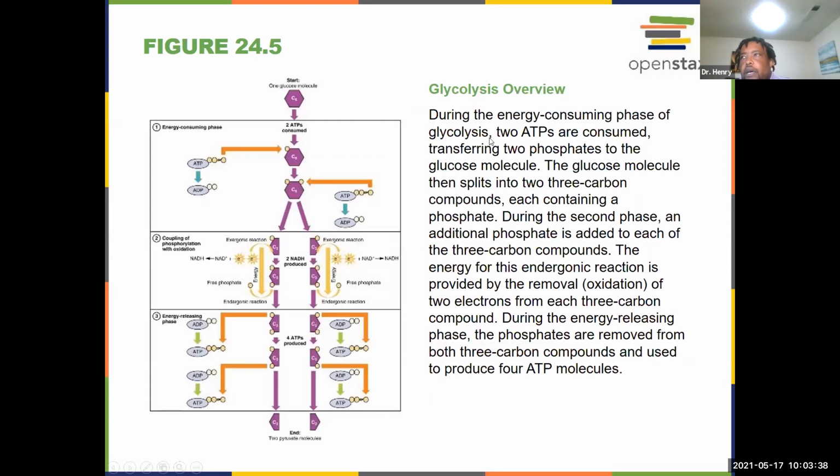Okay, so overview, right? Glycolysis. During glycolysis, you're basically using up 2 ATP. We're going to start with a glucose molecule. That ATP is going to be used to break down that glucose into the C3 molecule, the pyruvate molecule.